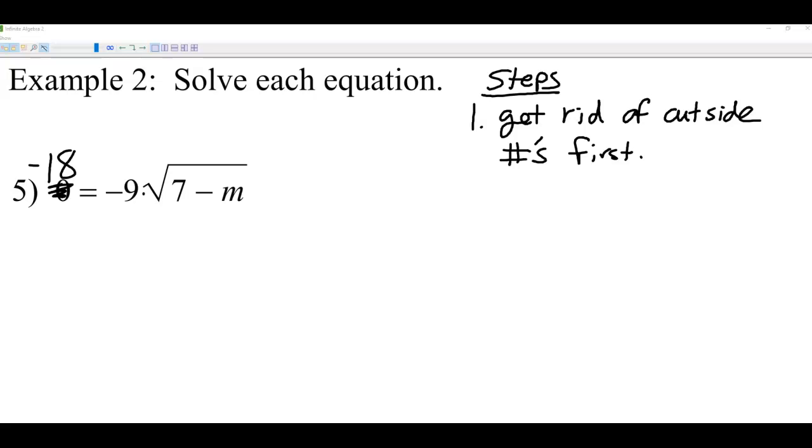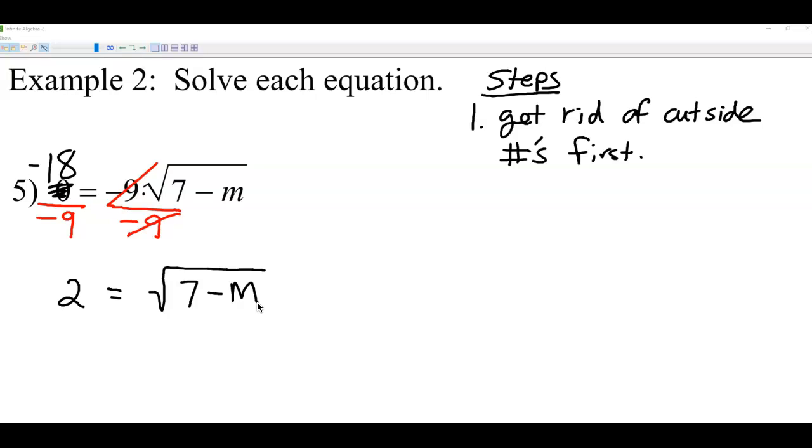So let's do that first. So that goes away, and now I have a 2 here. So step 1 is to get rid of all the numbers that are outside of the square root. Sometimes you'll have more than that. Sometimes you'll have a number over here that's being added as well, but we don't, so we don't have to worry about that. But I just want to show you, you want to get rid of any of the numbers that are not under the square root first.